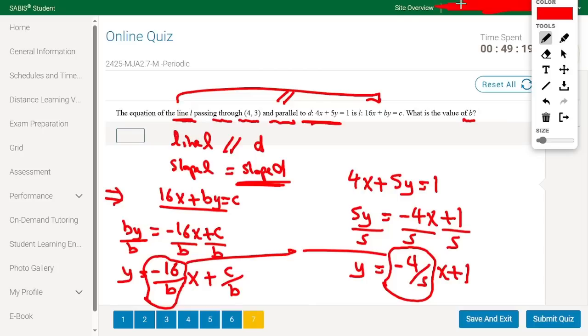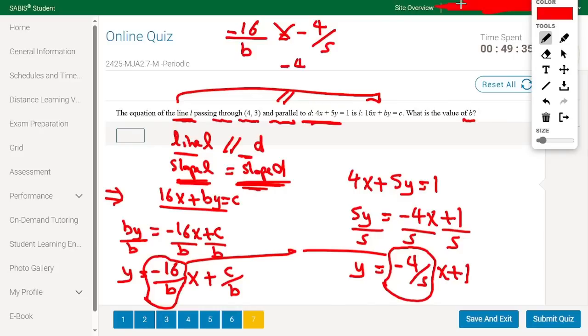And here, because the two lines are parallel, the slope of L equals the slope of D. So we'll have minus 16 over b equal to minus 4 over 5. Let's do cross multiplication.